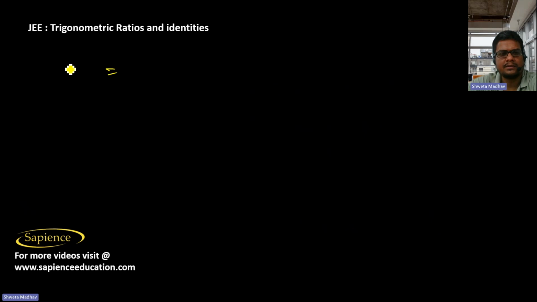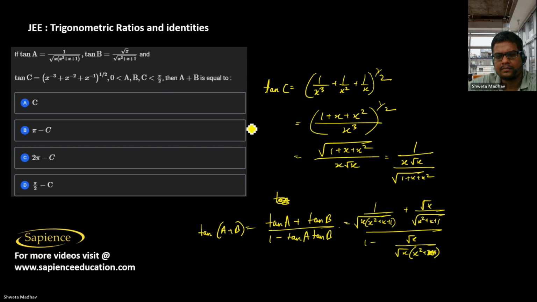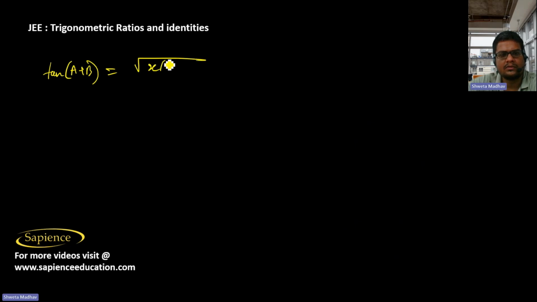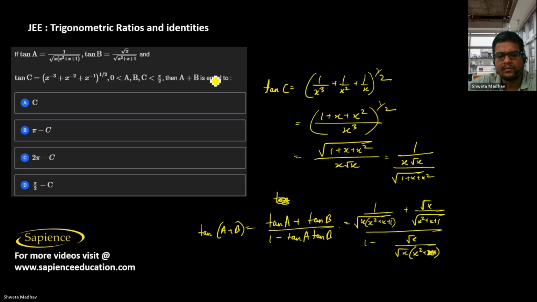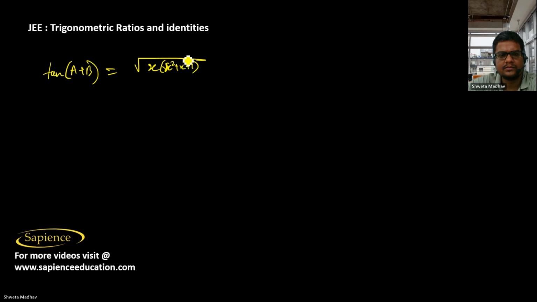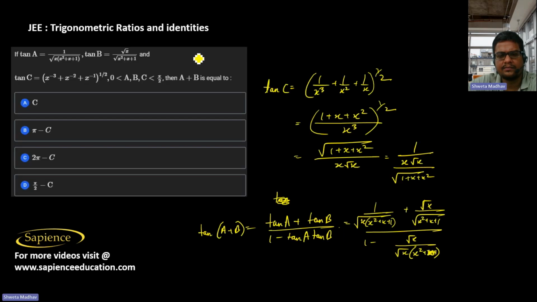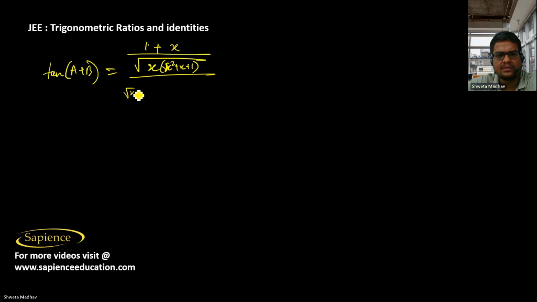So now if you simplify it, then tan (A plus B) is equal to, in the numerator, 1 plus x divided by root x, so this will be root x into (x square plus x plus 1), minus root x, over root over x into (x square plus x plus 1).